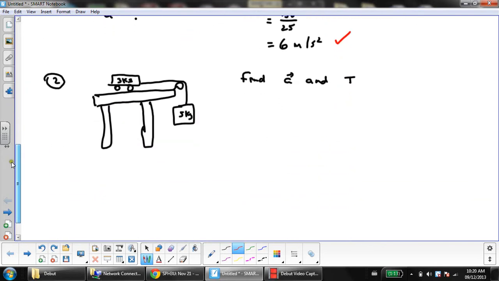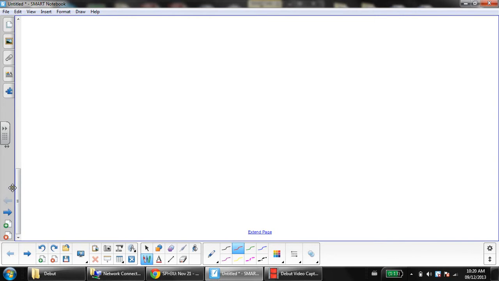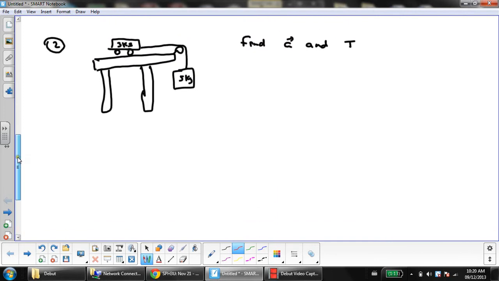Now we'll do a bit more complicated question here. Here's a little car that's got a string attached to it. The string goes over a pulley. It's attached to a mass. When the mass is allowed to fall, everything's going to move. We're interested in how fast they will accelerate, and what is the tension in the string.